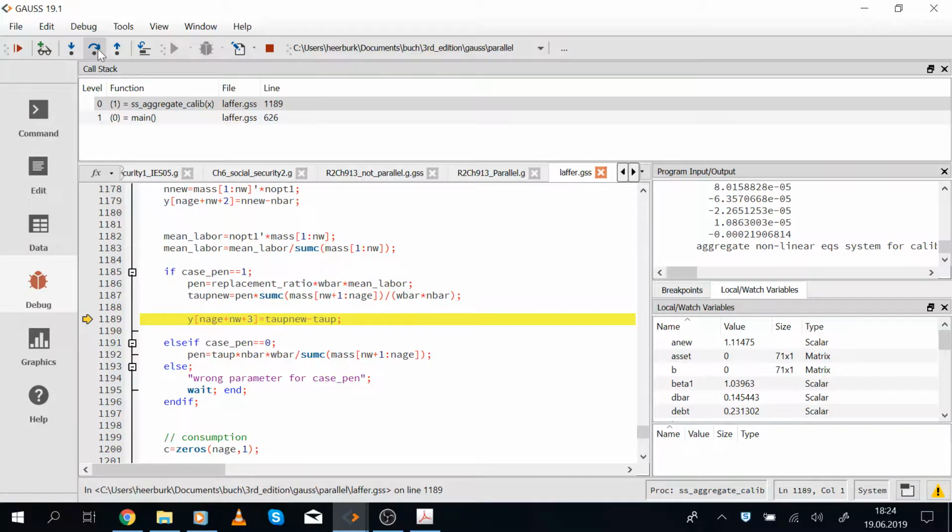In line 1189 we add the aggregate consistency equilibrium condition that the social security budget is balanced, therefore the guess provided for the social security contribution rate tau p must be equal to tau p nu, the one that balances the social security budget for given replacement ratio 0.352.